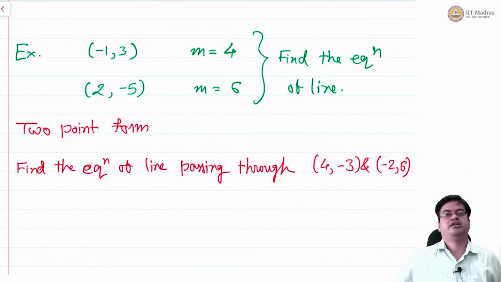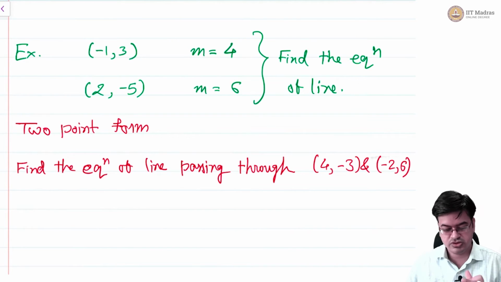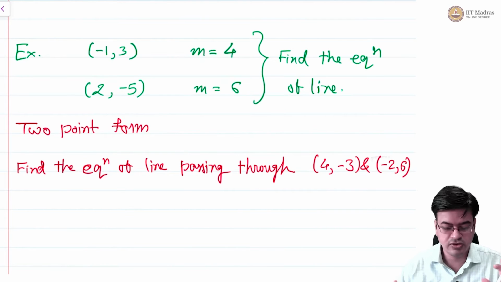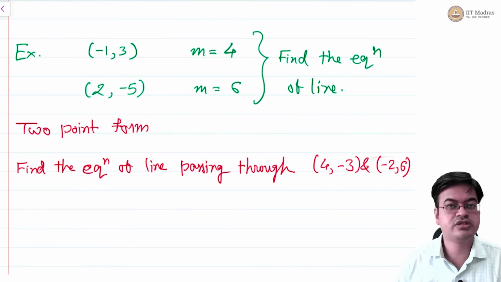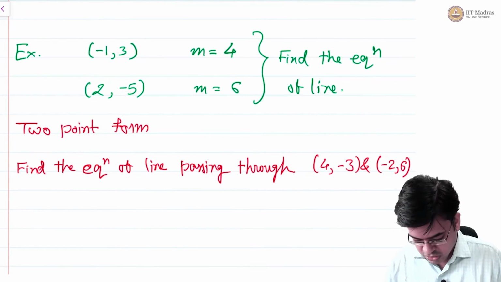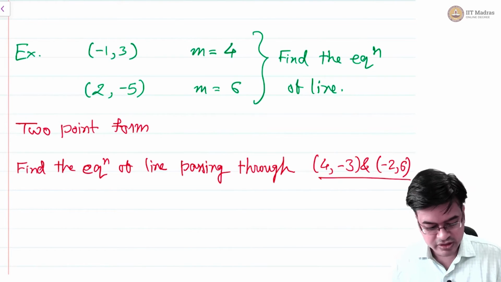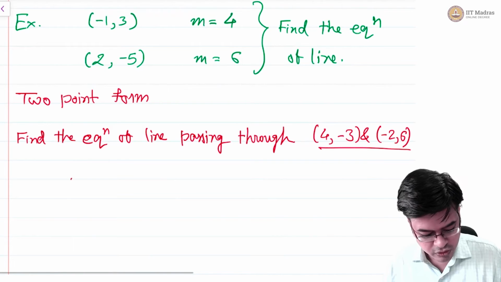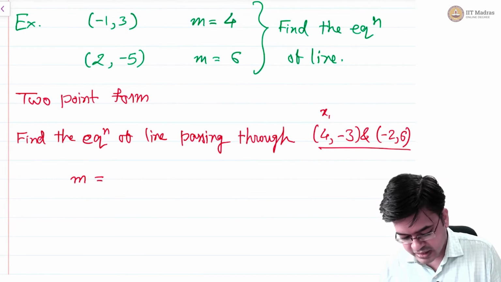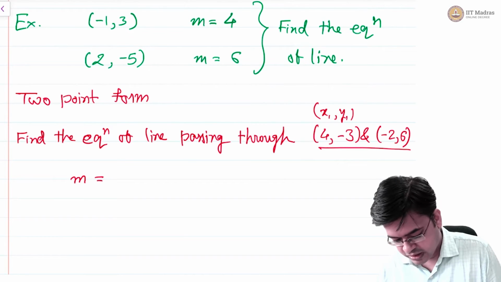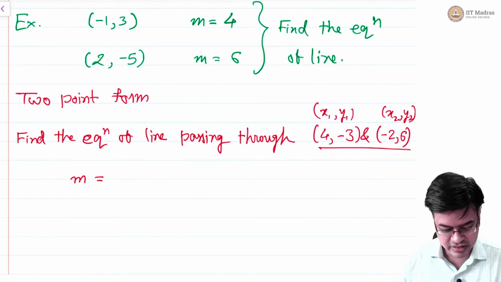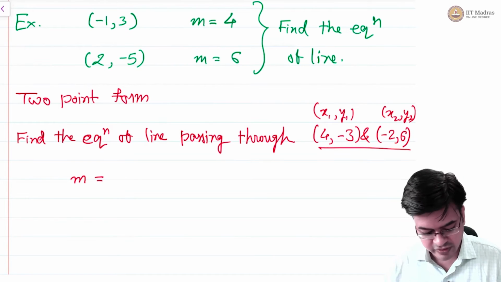How will you find the equation of the line passing through these 2 points? We have already seen how to find the slope of a line. So I will reduce this problem to a slope point equation. Start with these 2 points and compute the slope of the line. You have to designate the points (x1, y1) and (x2, y2). It doesn't matter which order you designate, just remember the order after designation.